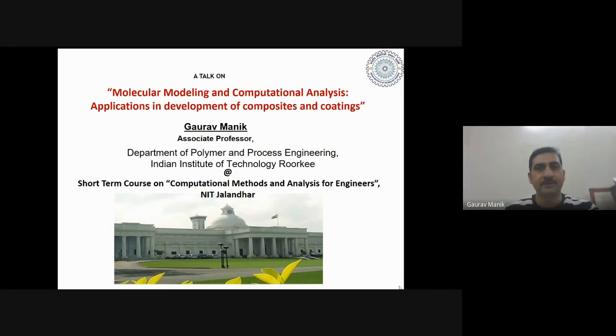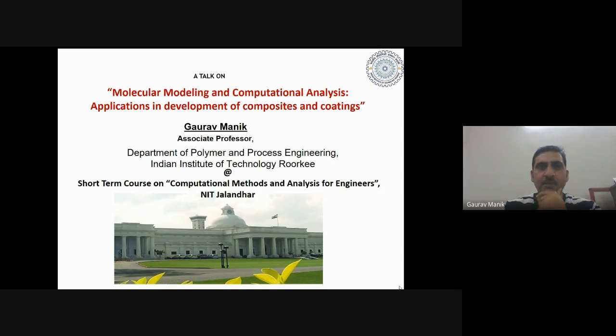So this piece of information that I'm going to give is going to be focused on the area of how you can molecularly model materials, how you can computationally solve the problems and estimate their properties. And so, the first part of my talk would be majorly focused on giving you a glimpse of the computational tools and the underlying algorithms and strategies which are adopted to solve material problems.